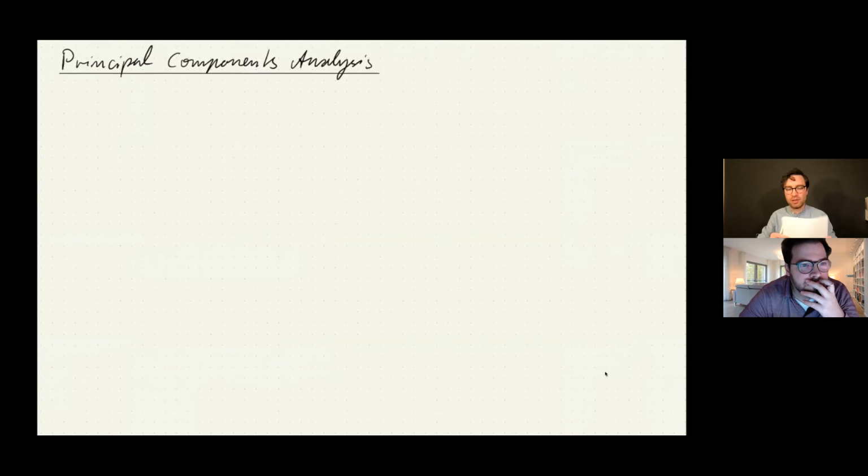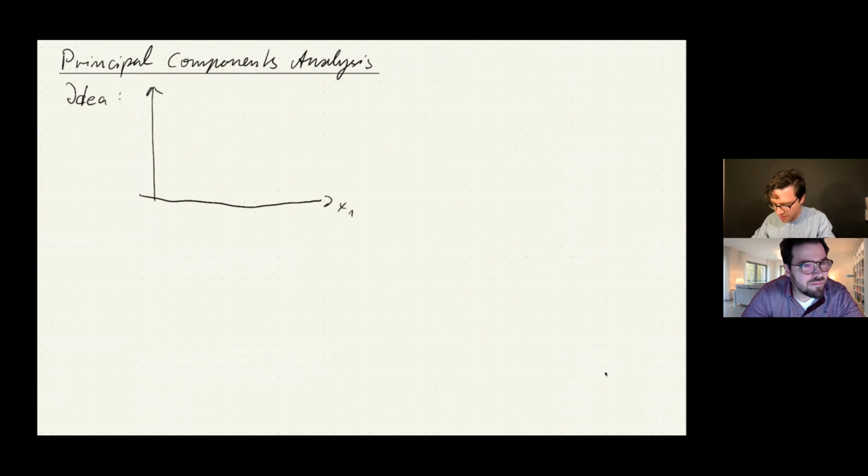All right, what's principal component analysis? I'll first sketch the idea. To get the idea, it's sufficient to go into 2 dimensions, so I'll make a scatter plot of 2-dimensional data, where let's assume our data looks a bit like this.